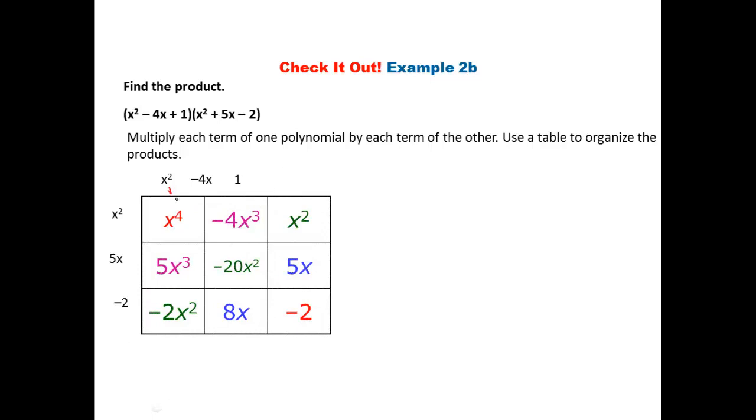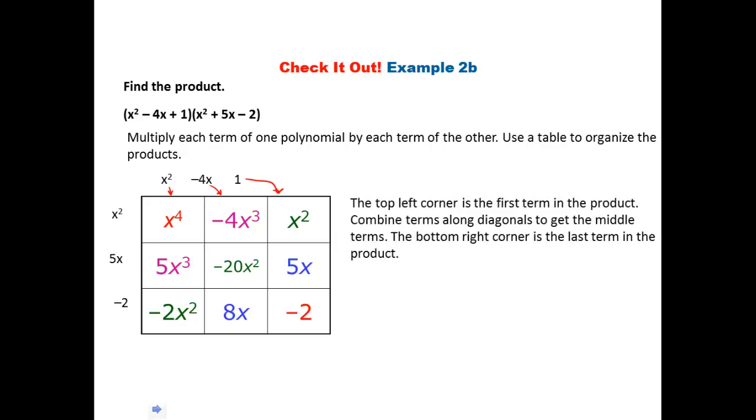Okay, so here's the first column, second column, and the third column. Once we have all of our terms multiplied, we're going to add our like terms, which you can see are color coordinated again here. So we group together our like terms, and this is our final answer.